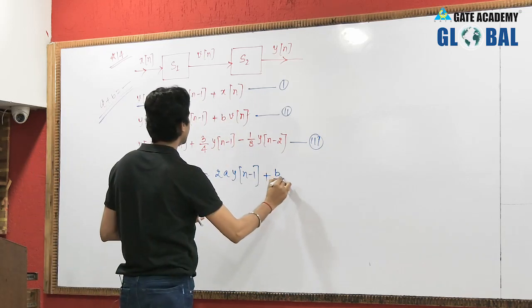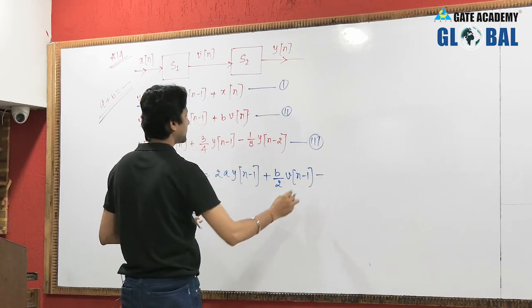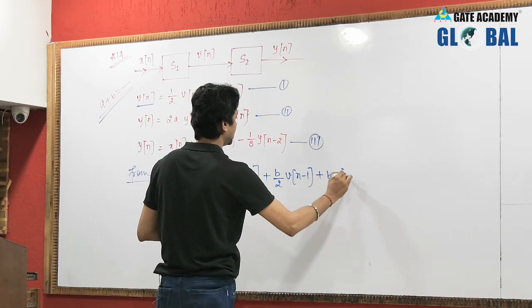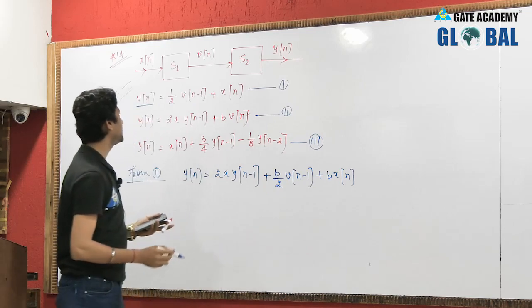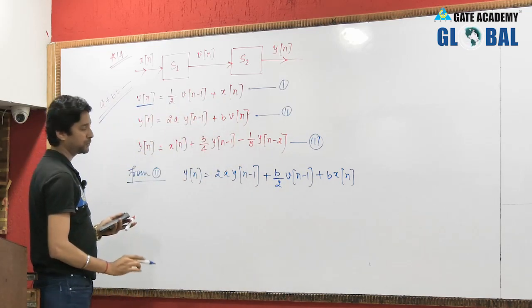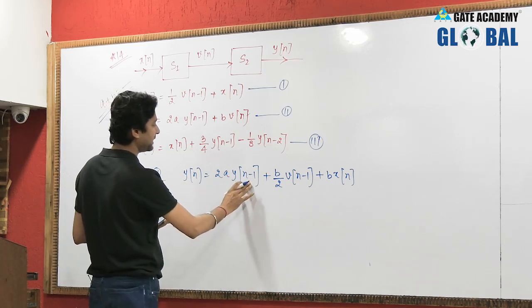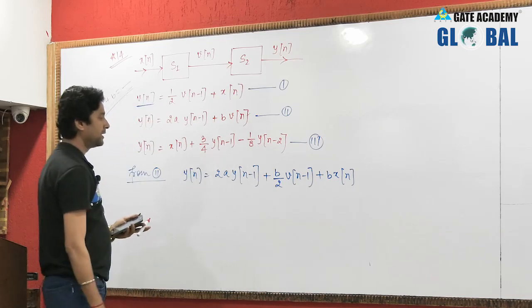Therefore, you can write b by 2 v of n minus 1 plus b into x of n. We have just substituted the value of v of n from equation 1 into equation 2, and we have got this result: y of n equals 2a y of n minus 1 plus b by 2 v of n minus 1 plus b x of n.